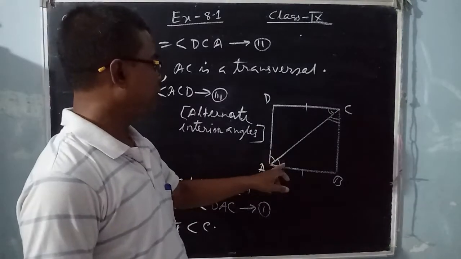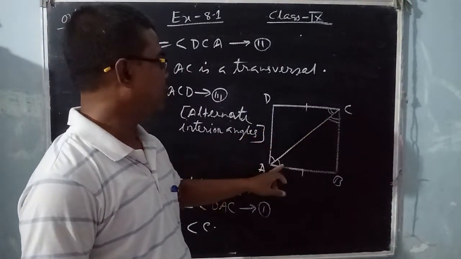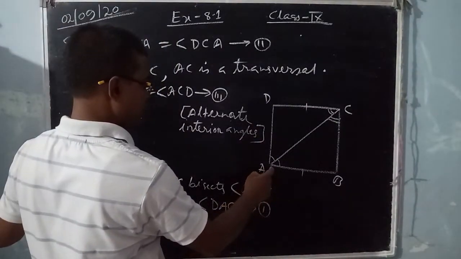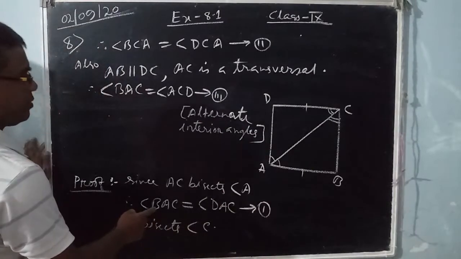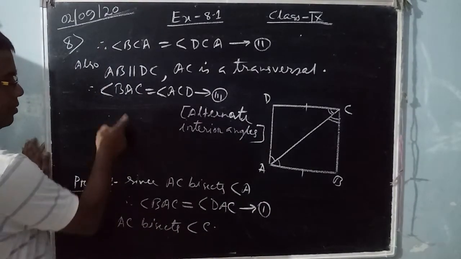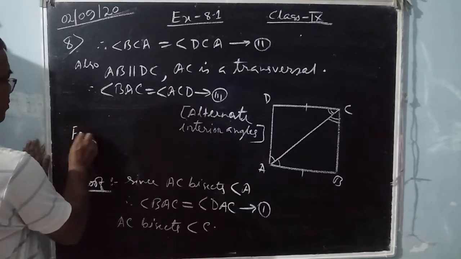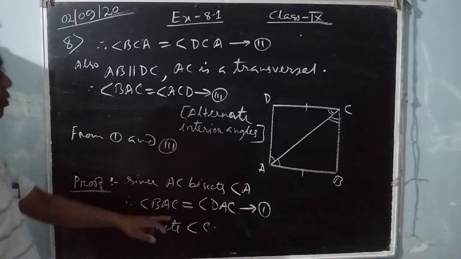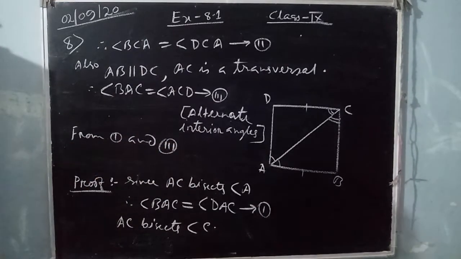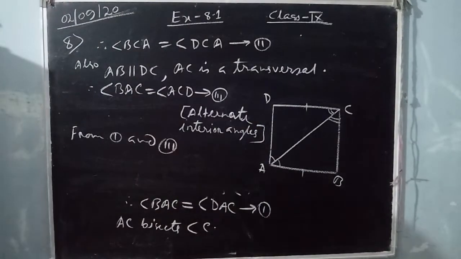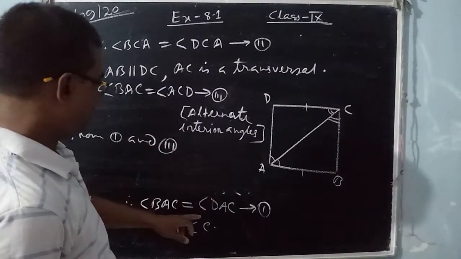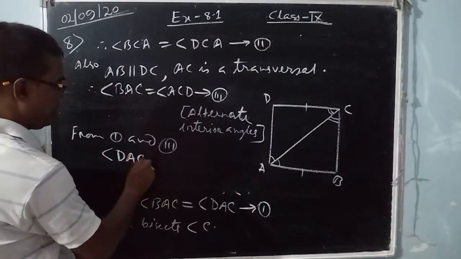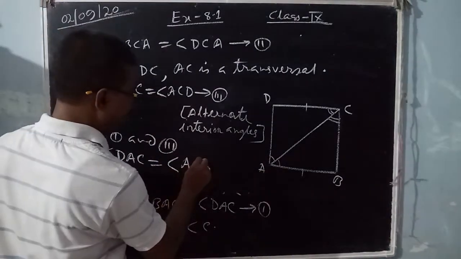So from this we can have this. Using 1 and 3, BAC is the same, so angle DAC equals angle ACD.